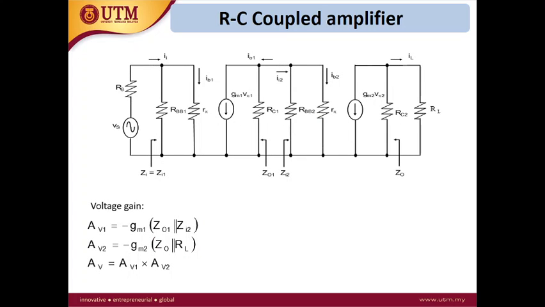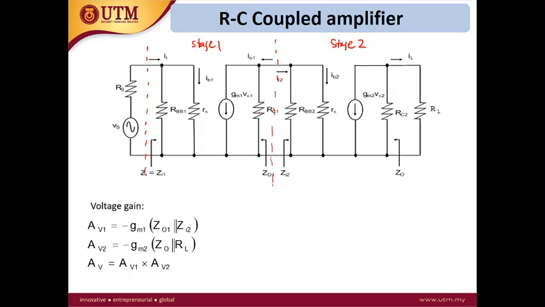Okay, for the voltage gain, we can do the analysis for the voltage gain of every stage, or the total voltage gain. For example, the voltage gain of the first stage, AV1. Put here stage 1, and this is stage 2.